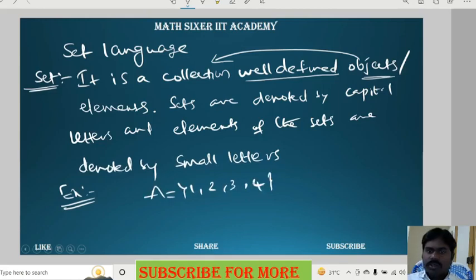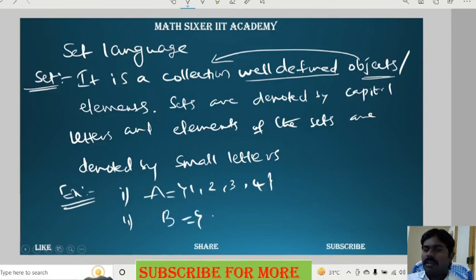In this collection we can say which numbers are present in the set. All these 1, 2, 3, 4 belong to the collection, so this collection is well defined, and we can say it is a set. Like this we can consider so many examples.